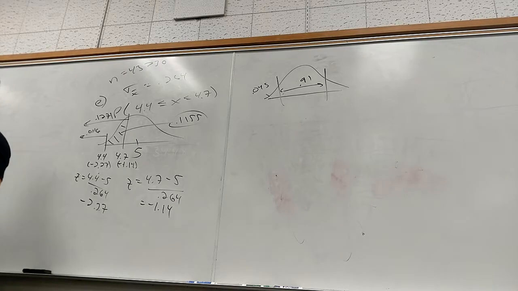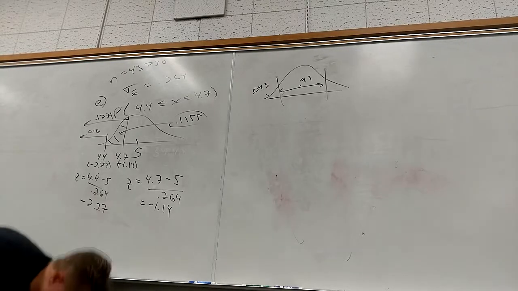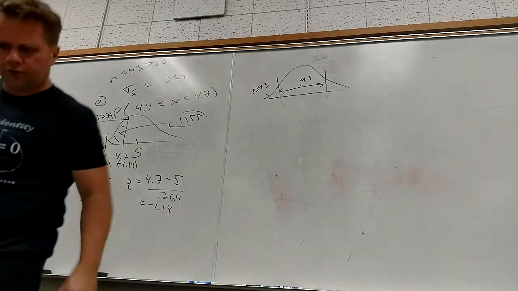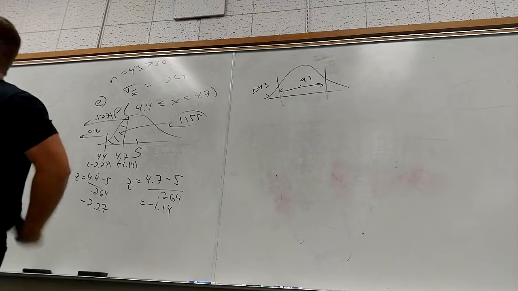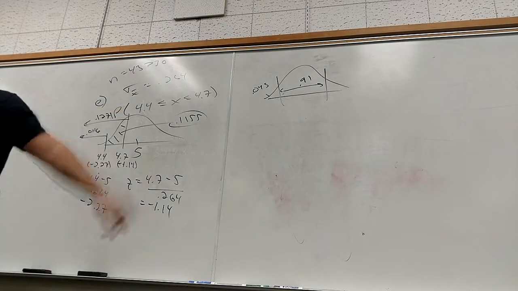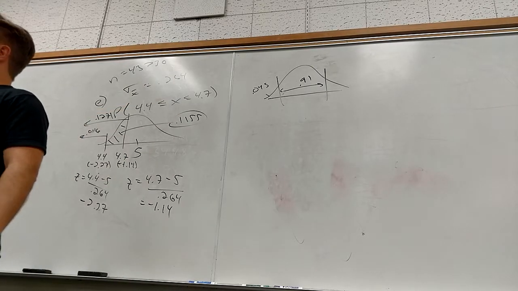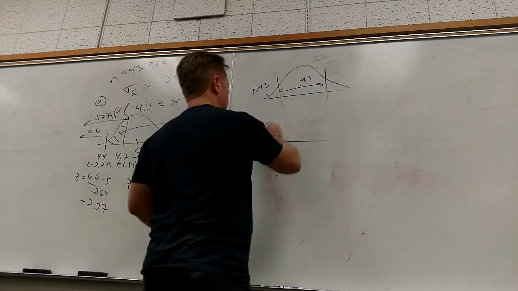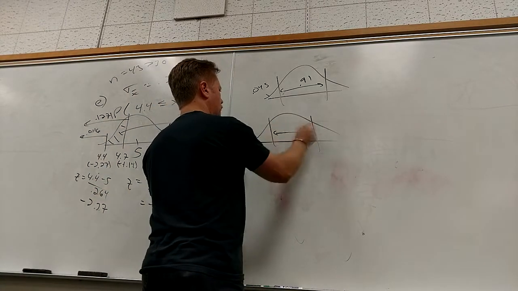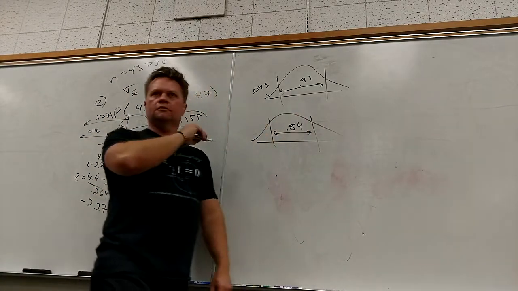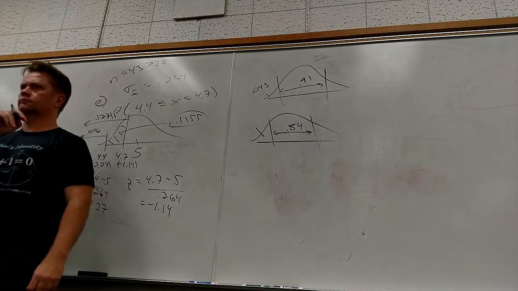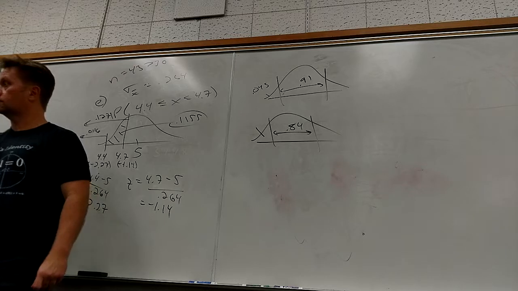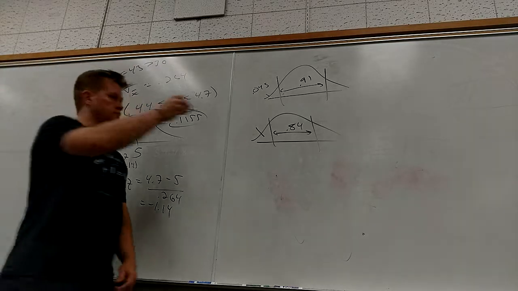I think it's 1.70. If you look at the key, that's basically the exact picture I have. So if I said the middle 84%, what are you going to look up? 0.08.